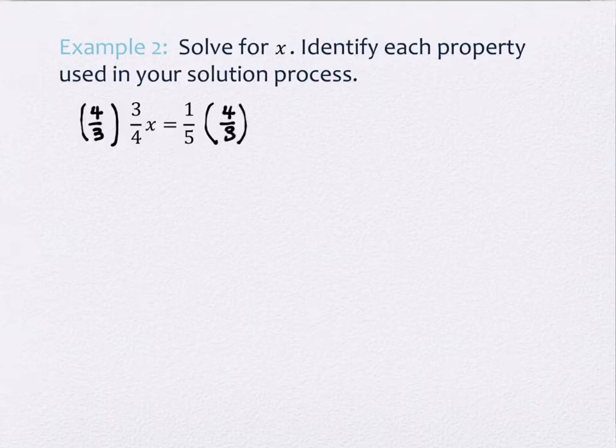Now, already I've used a property of multiplication. Can you look back at your list of properties and figure out what in the world property did I use when that's the only thing I've written down so far? Not yet. We'll use that in a minute. You're real close. Something else we've used.